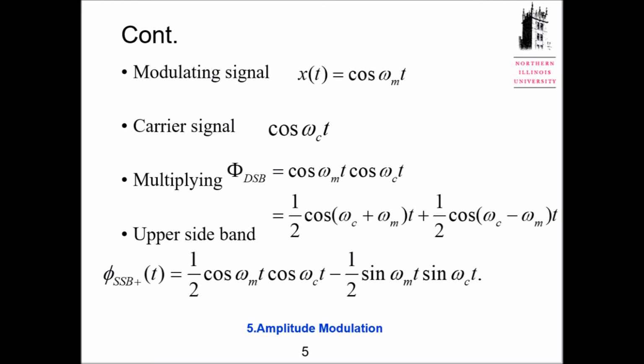Okay, now the tricky thing comes. Cosine times cosine gives us cosine of the summation of the two phase angles and the difference of the two phase angles. If you look at this one, this one is my upper sideband.